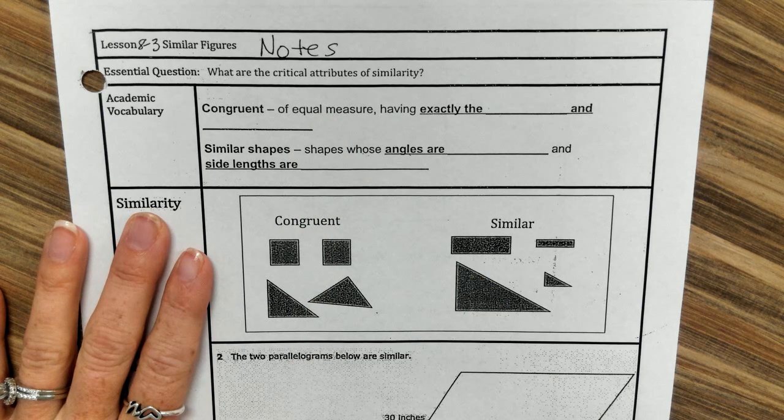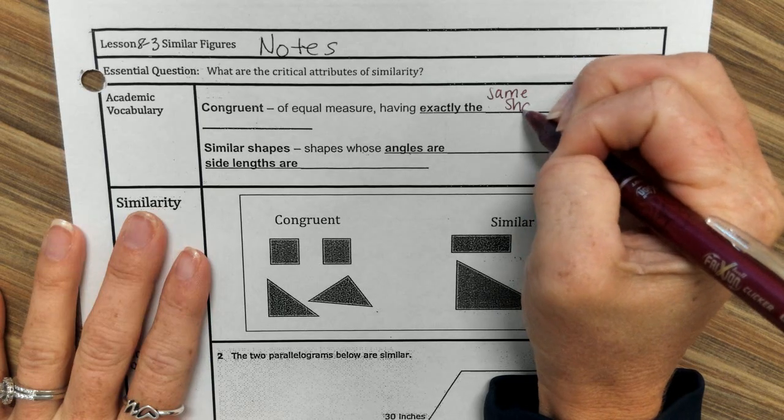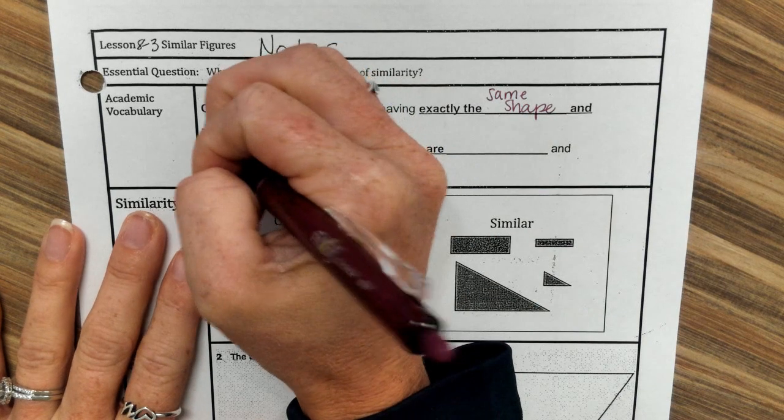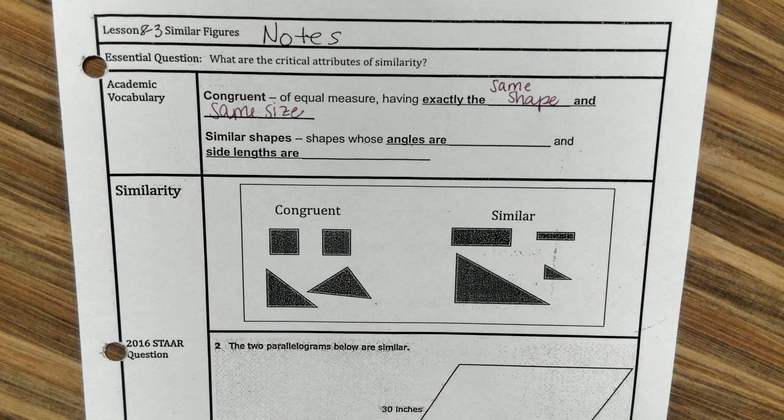They have exactly the same shape and the same size. They are the exact same thing. Like I said, it is a clone from one to the other. Now, congruent shapes can be flipped around and moved, and they're still the same.